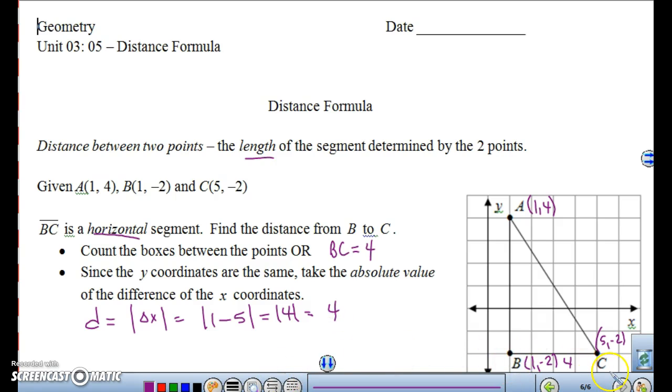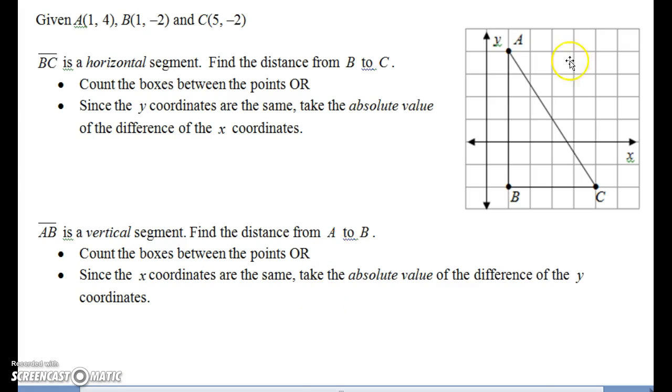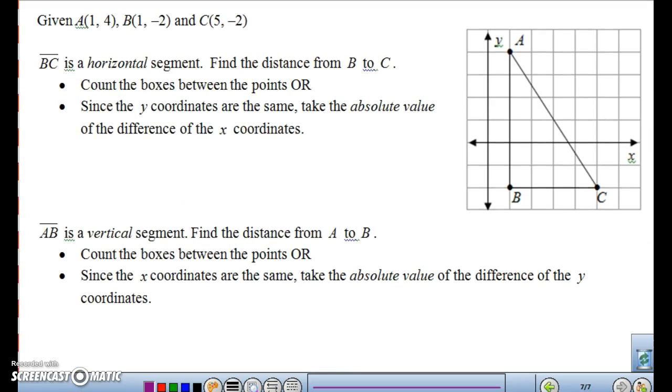So if it is horizontal, you can count or just find the difference between the x's. And notice it's absolute value because distance always has to be positive.